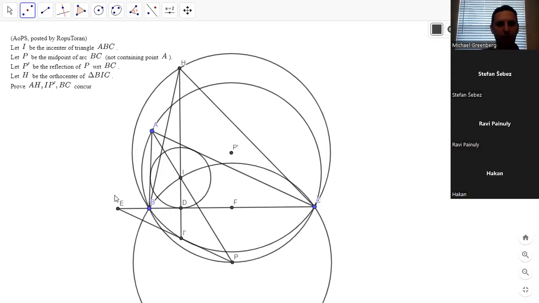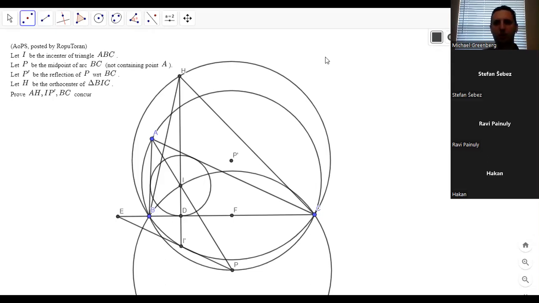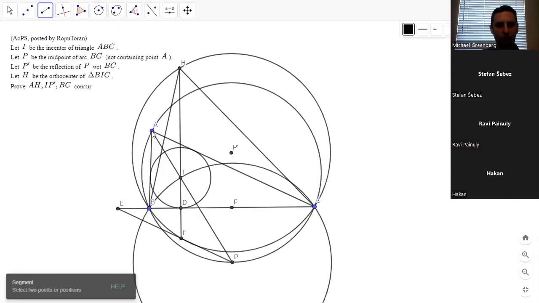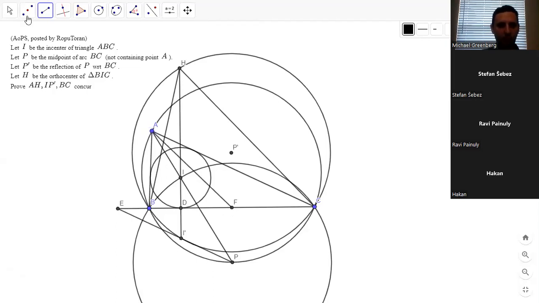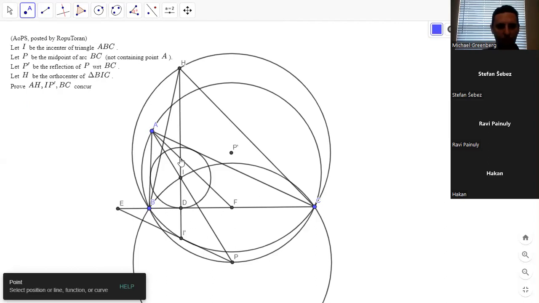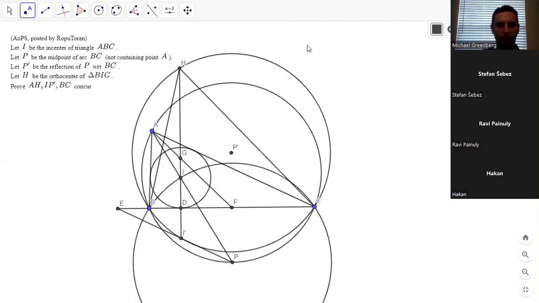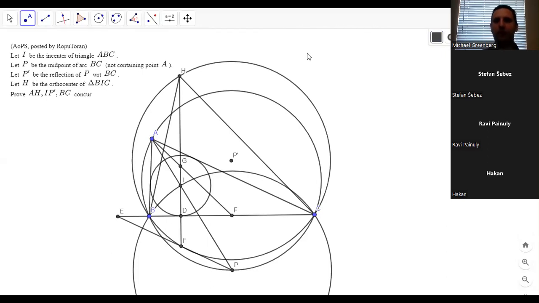I mean, maybe it's AF intersect IB. Okay. How do you solve it? Project P prime F infinity onto BC.